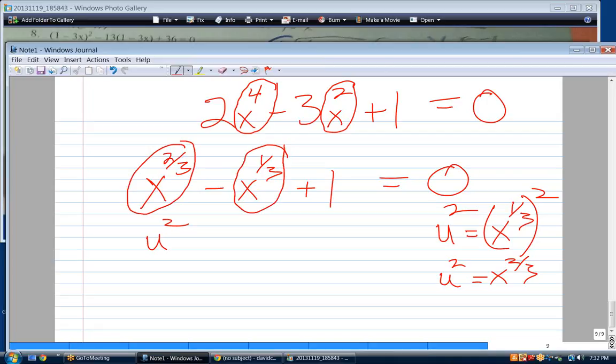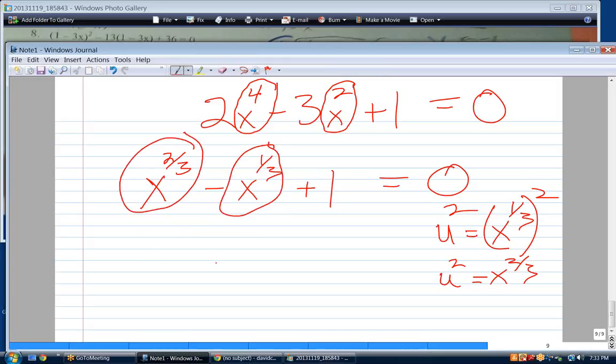And that's all that you have to do: if this first term is the square of this term, and then there's an additional constant, it can always be turned into a quadratic using u substitution. It can be a little trickier to recognize when it's like this, because not everybody recognizes that that is the square of that, but it is. Just like x to the 4th is the square of x squared.